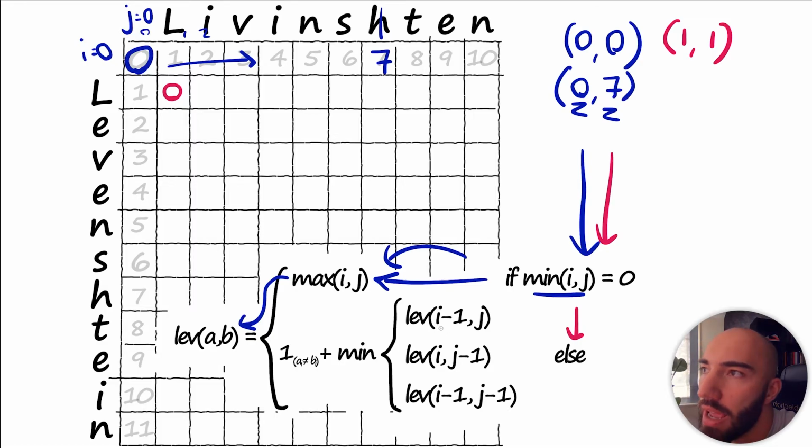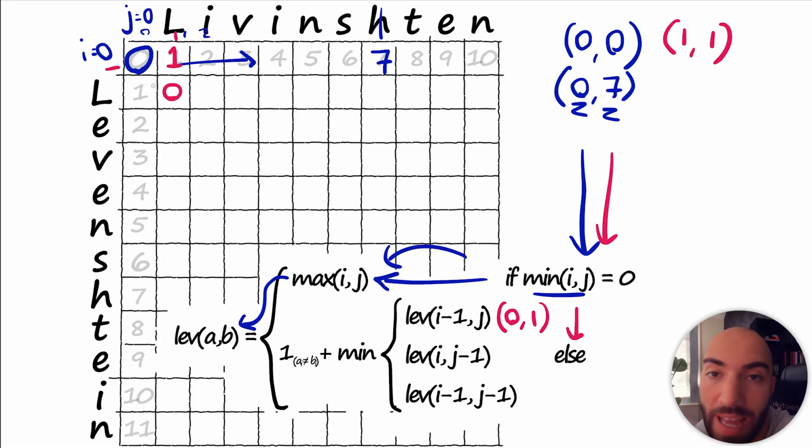So what is the Levenshtein value that we already calculated at i minus 1, j? So i minus 1, j is at position 0, 1, because it's 1 minus 1 for the i and just 1 for the j. So what do we have there? So 0, 1. So i 0 and j 1. Here we have this 1 value.